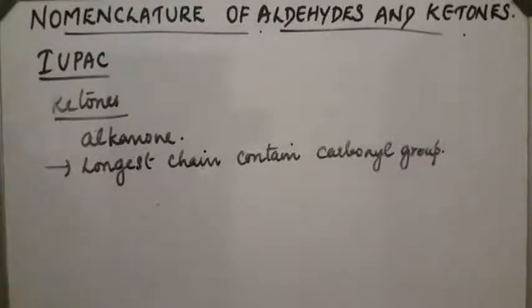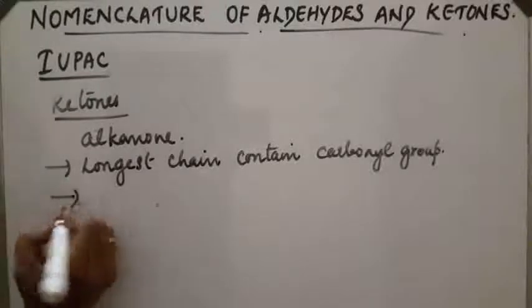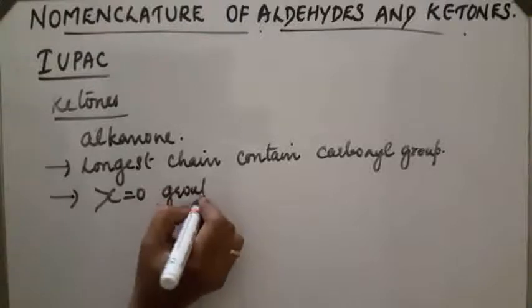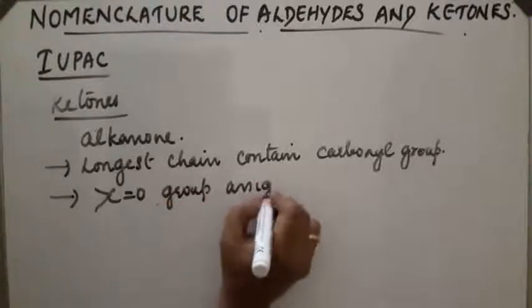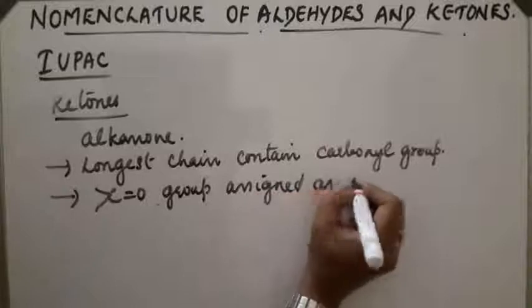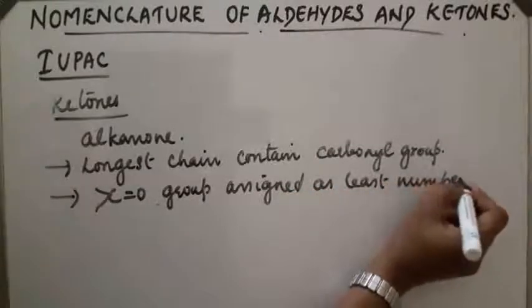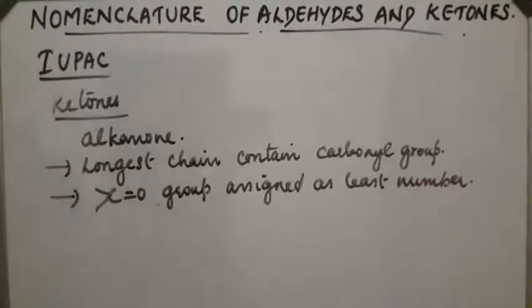Second point: the carbonyl group is assigned the least number. If substituents are present, they are prefixed according to alphabetical order.